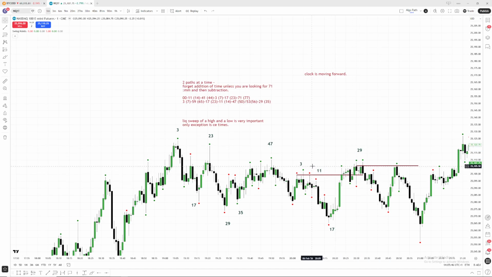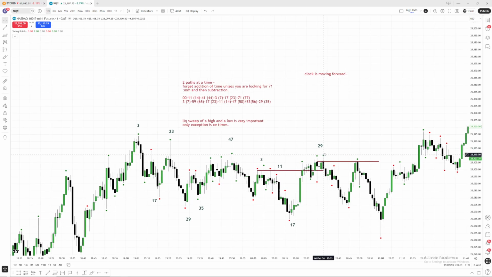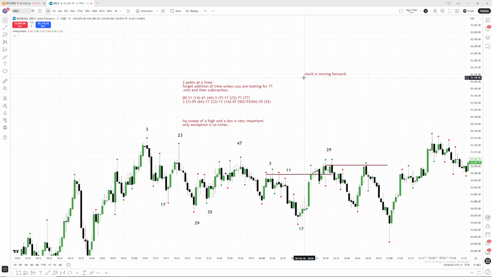Now this is where a lot of people get confused, because we were in algo 2 which was doing 35 to 47 to 11 to 17, but where did this 29 come from, right? So this is why understanding this concept is pretty important.